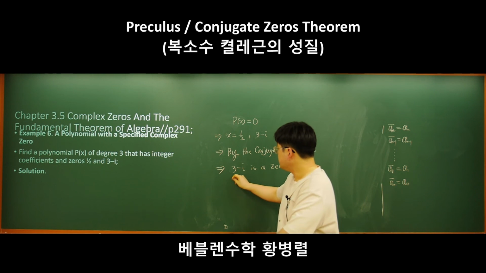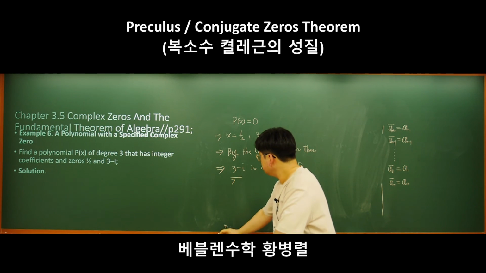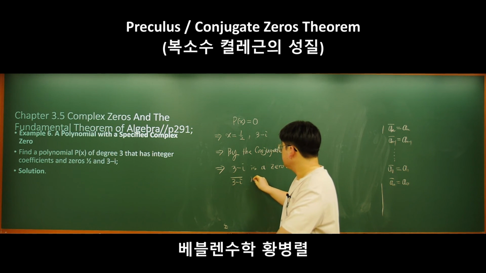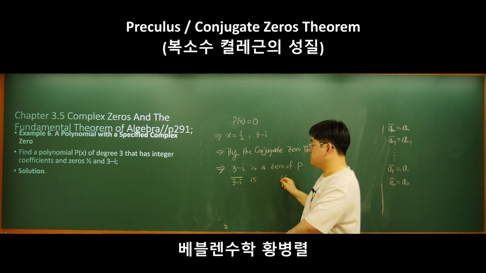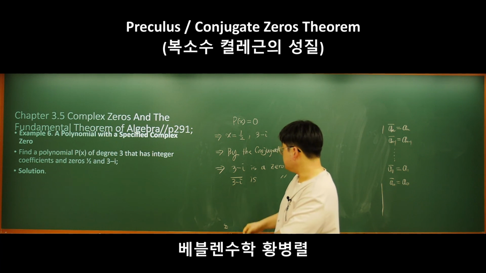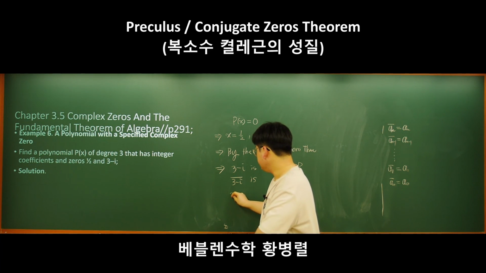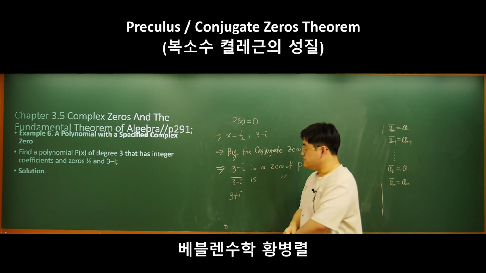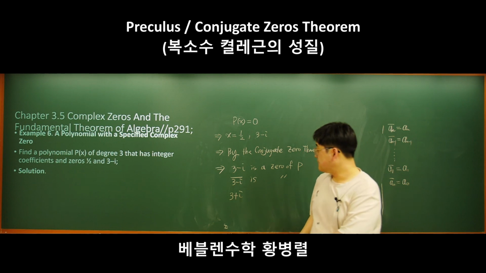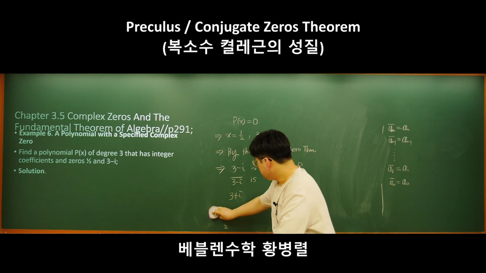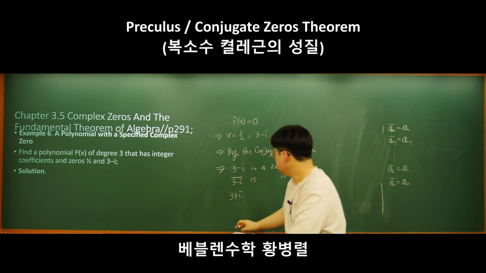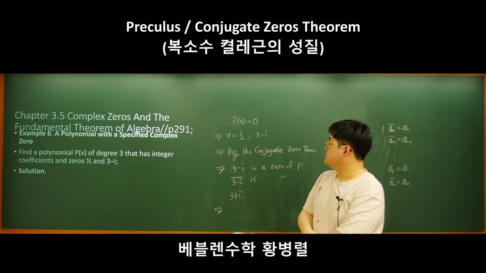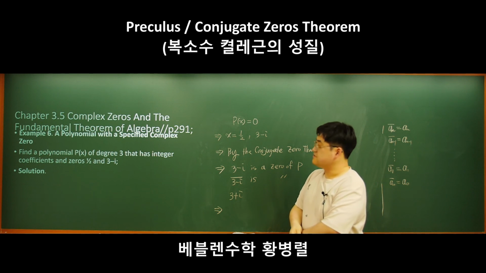Then bar of 3 minus i should be a zero of this polynomial, and the bar of 3 minus i is 3 plus i by the definition of bar or conjugation. Then we can decide all zeros of this polynomial.